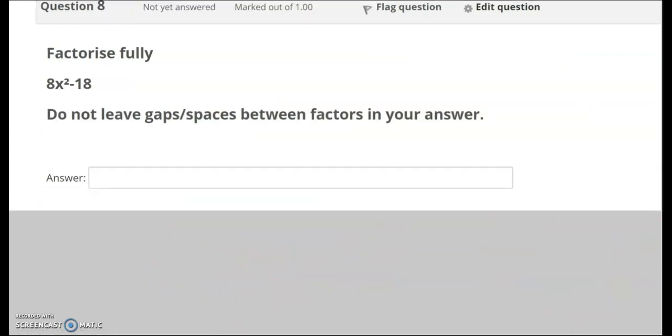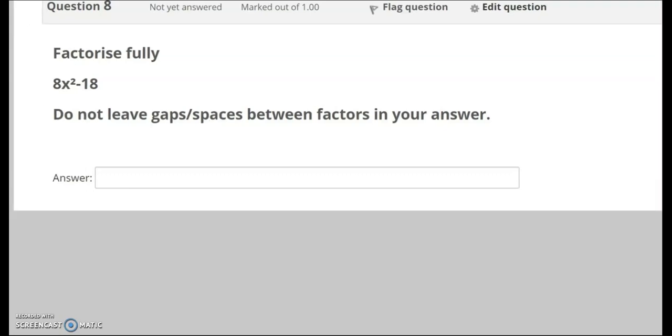In question number 8, we've got to factorize fully 8x squared minus 18. So by looking at this, we've got x squared and we've got minus 18. So this resembles the difference of squares, but there is another factor in there as well. So looking at minus 18, this is double minus 9, and 9 is a square number.